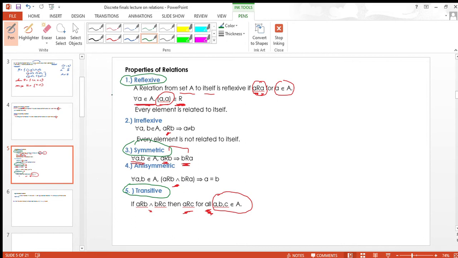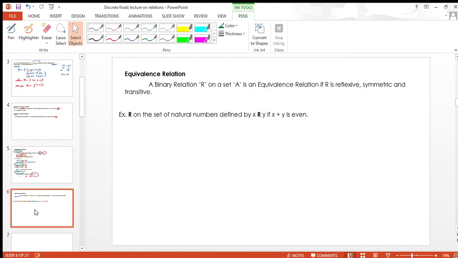So why am I saying that we will be concentrating on those three properties? Because the next definition will now tell us the importance of those properties. And the next definition tells us about equivalence relation.